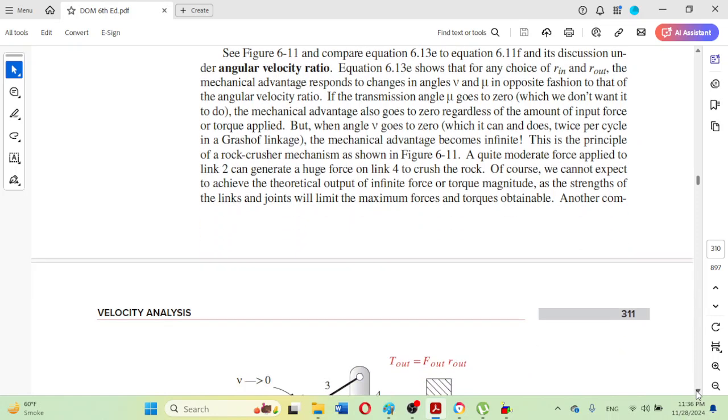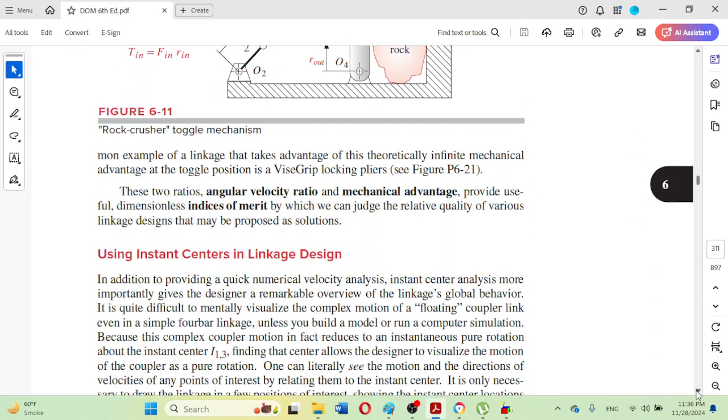Another common example of a linkage that takes advantage of this theoretical infinite mechanical advantage toggle position is vice grip locking pliers. So here it says that these two ratios, angular velocity ratio and mechanical advantage, provide useful dimensionless indices of merit by which we can judge the relative quality of various link designs that may be proposed as solutions.